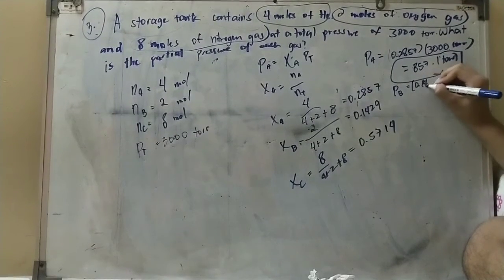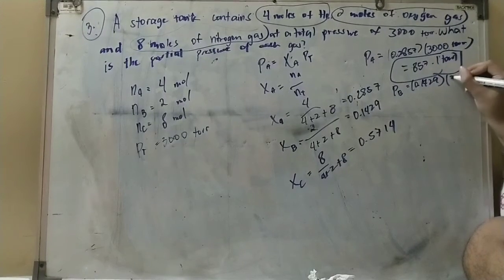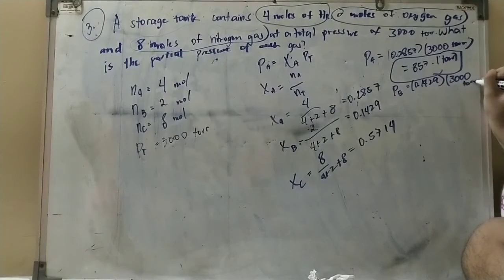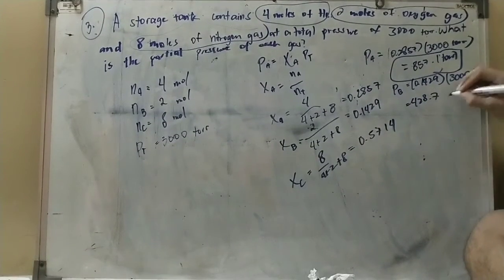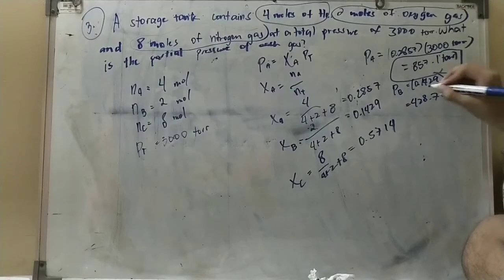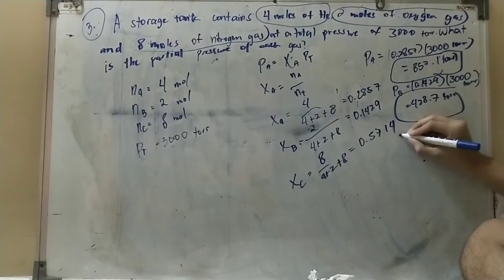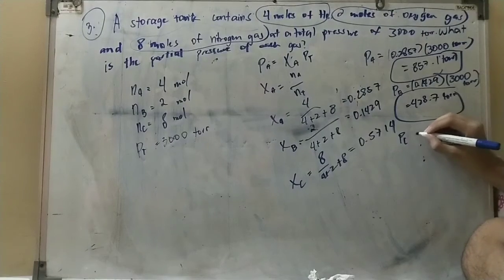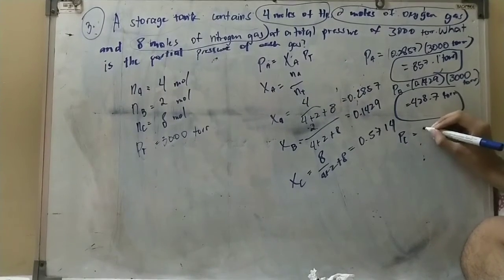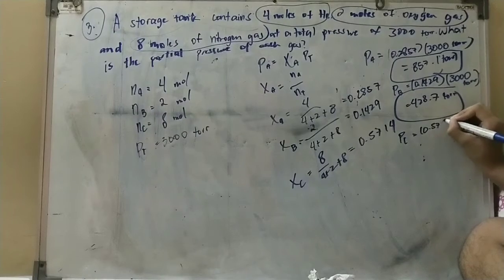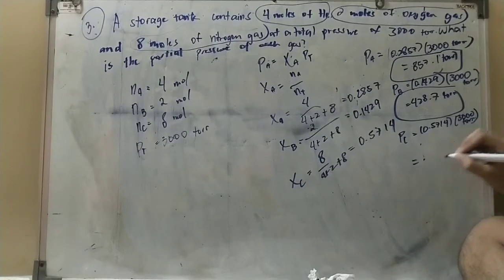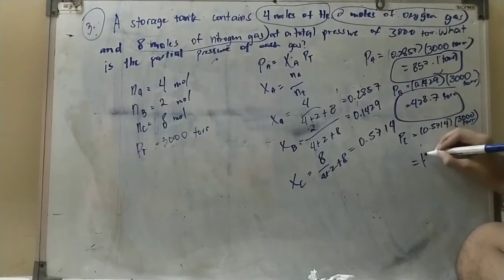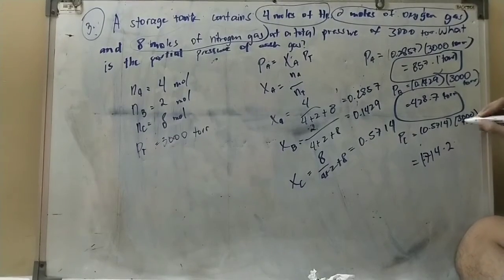So 0.1429 times 3000 torr is 428.7 torr. And our last partial pressure is 0.5714 times 3000 torr. So it is 1714.2 torr.